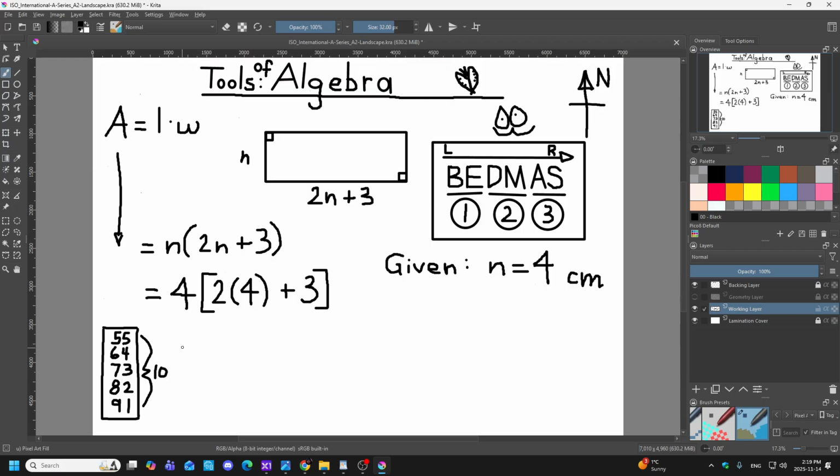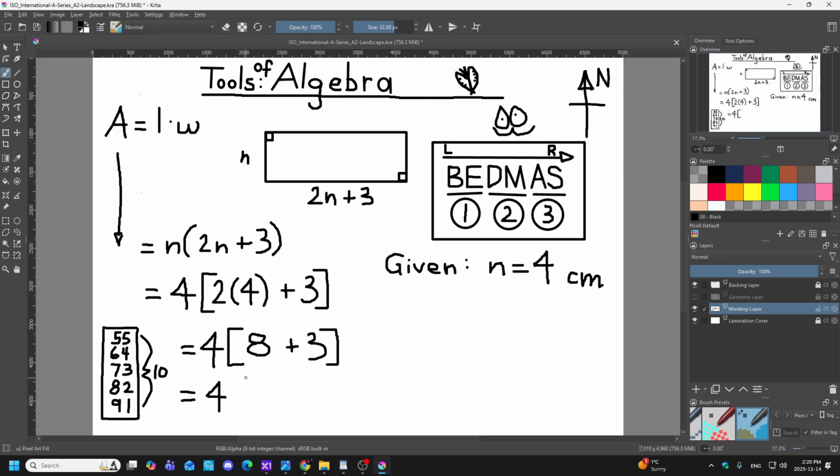Okay, let us continue. 4 multiplied, 2 times 4 is 8, plus 3, close bracket. I'm almost done with the square brackets.